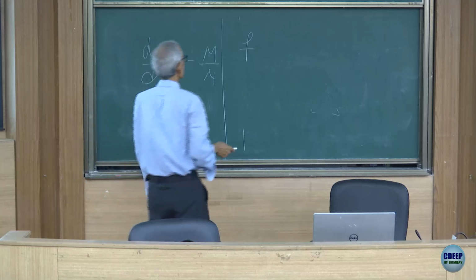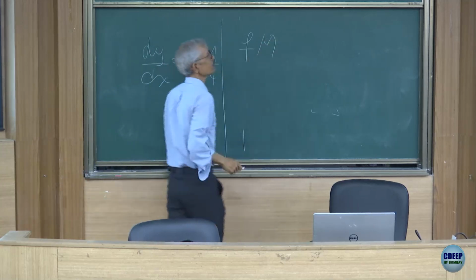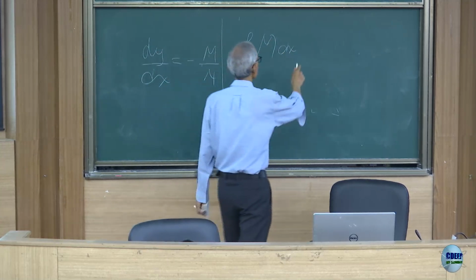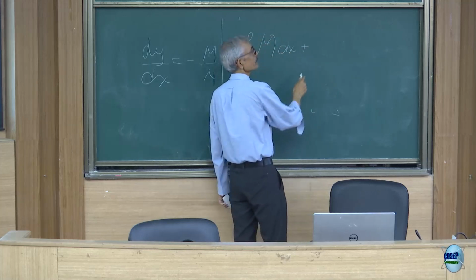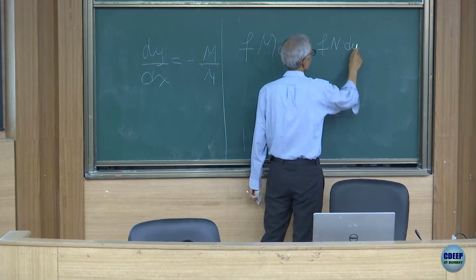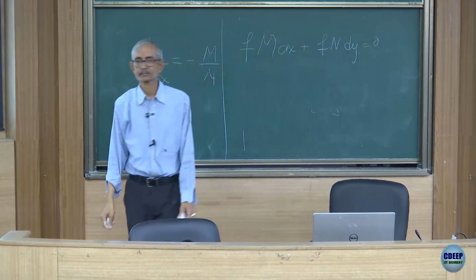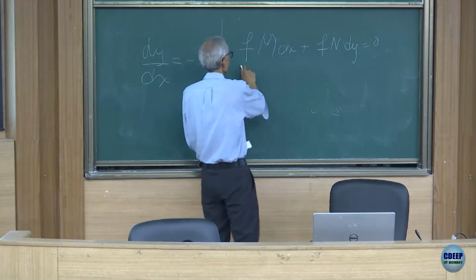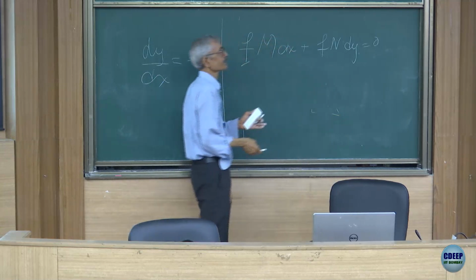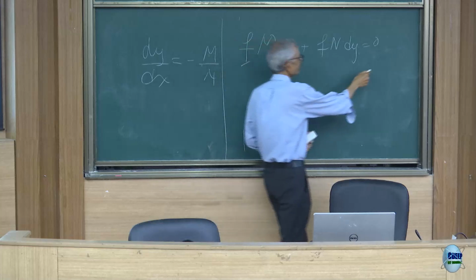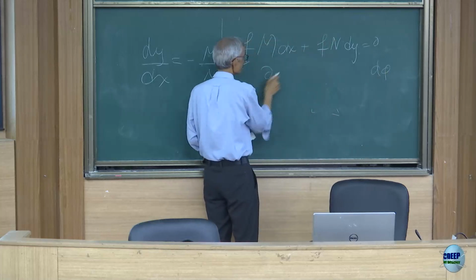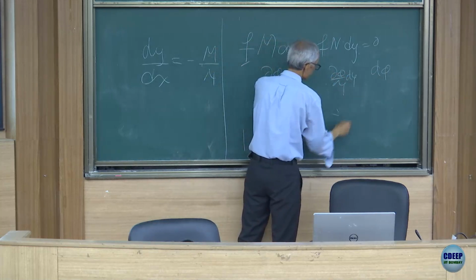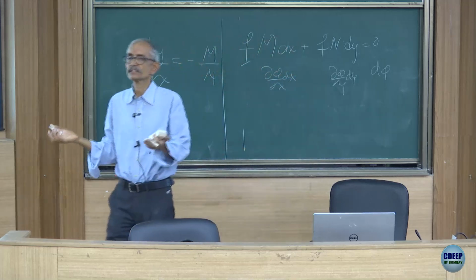Maybe, maybe not. So f times M dx, we'll drop the (x, y), we'll assume that that's understood. fM dx plus fN dy is equal to 0. Okay. And if this is exact, if this f is able to make it into an exact differential, then we have said that this is d phi, this becomes del phi del x dx plus del phi del y dy, and then you will take the cross derivative and equate it.